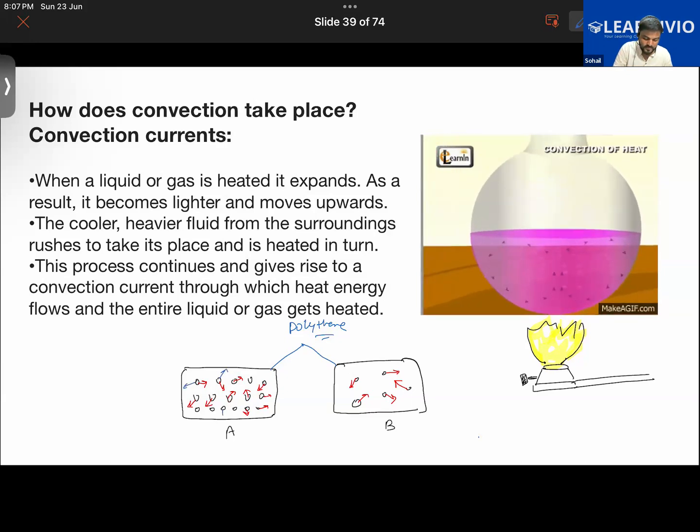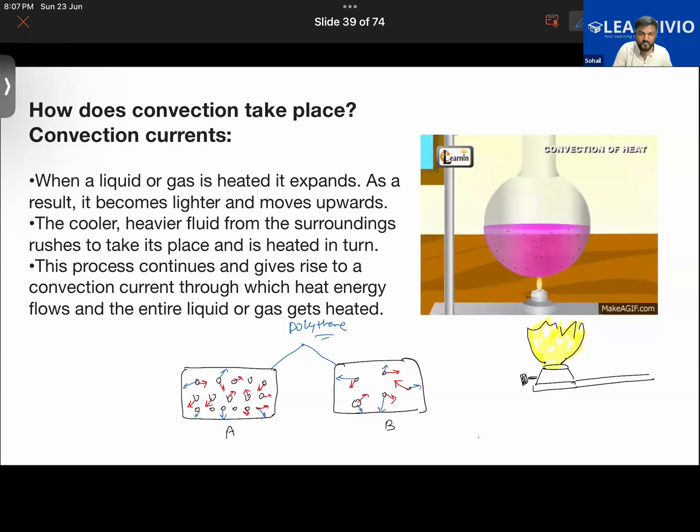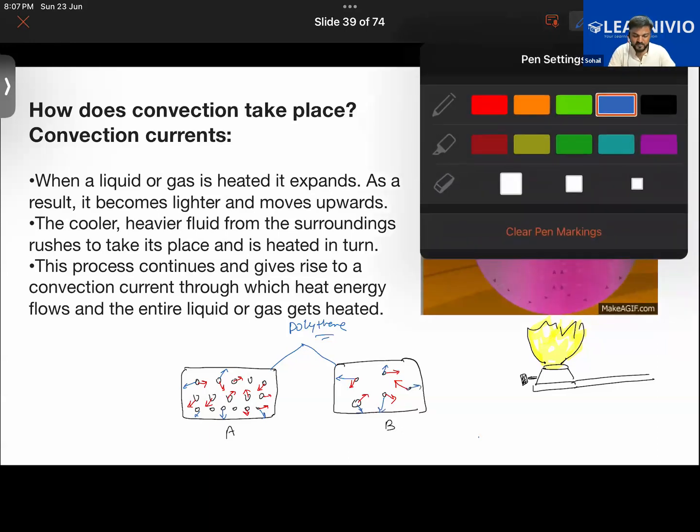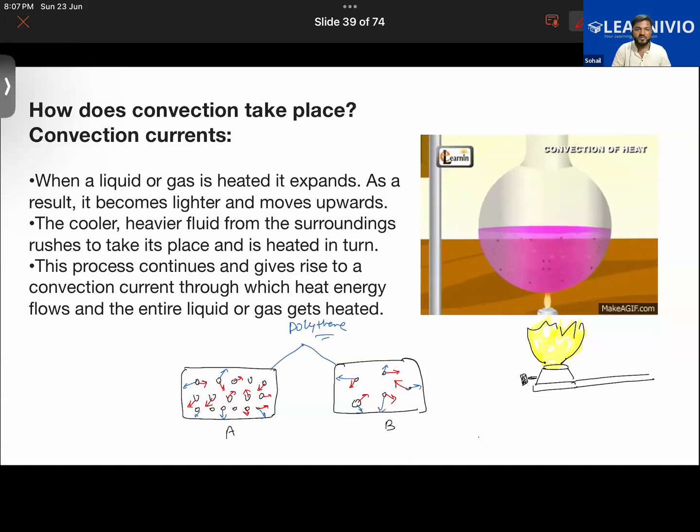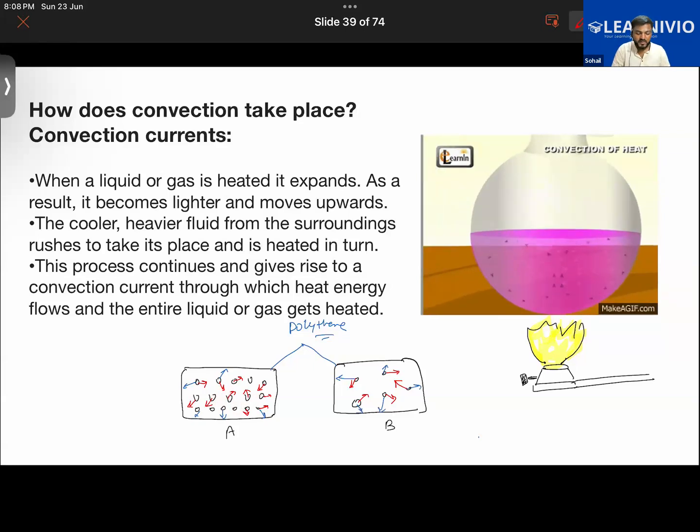Sir, that's why polythenes will tear after some time. If the pressure increases in it, if you keep on filling more gases into it, it will explode because the molecules are continuously moving here and there. Pressure is developing inside this.